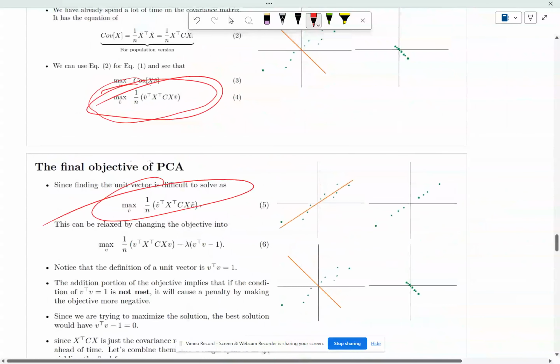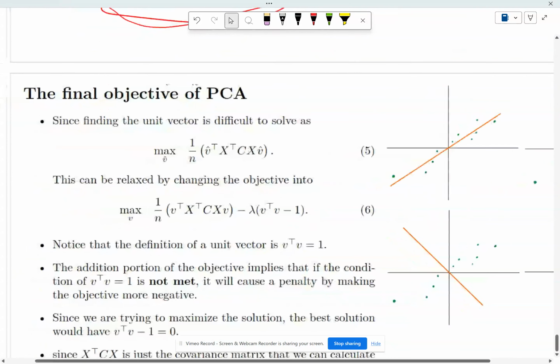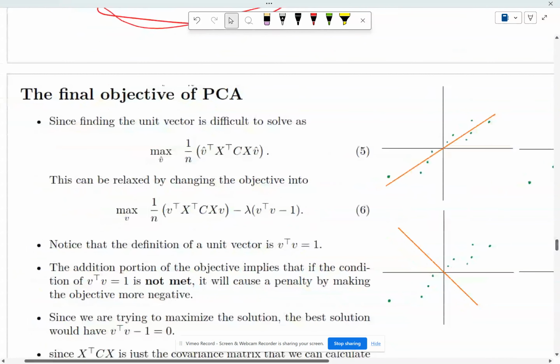Again, you can't find v hat directly. So what PCA opts to do is, there is a way to find a normalized one. If that's the case, we can add a penalty term. And the penalty term essentially says that you want v transpose v to equal 1, normalized. Therefore, notice if it's not equal to 1, it's going to lower the objective, which is not what we want, since we're trying to make it as big as possible.